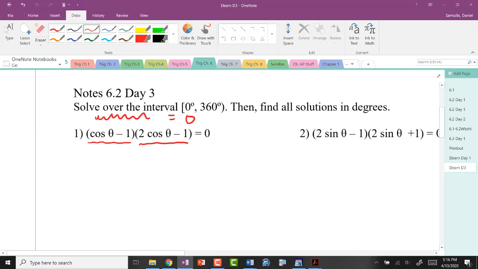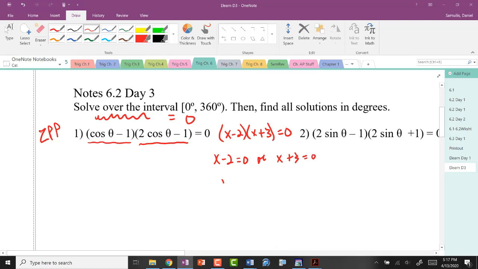So when you had polynomials and you had something like x minus 2 times x plus 3, we'll mix it up a little bit, equals 0, you used what's called the zero product property, ZPP, which said if this times this equals 0, the only way that's true is if this equals 0 or that equals 0.